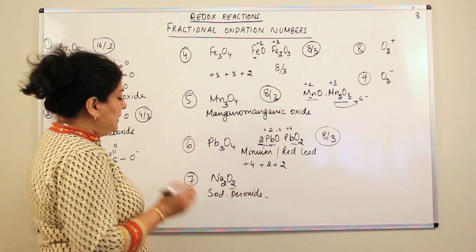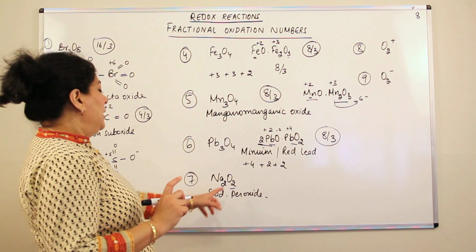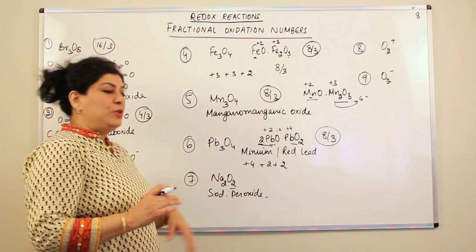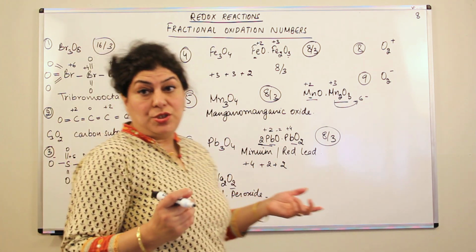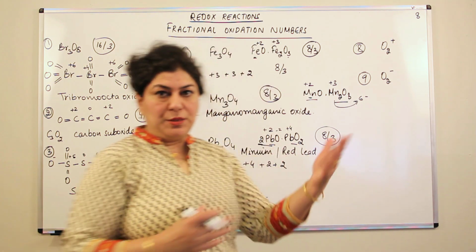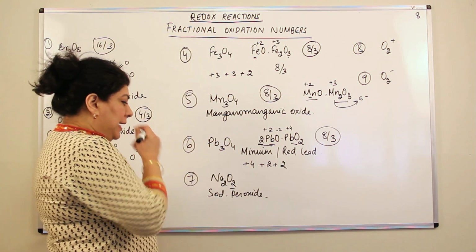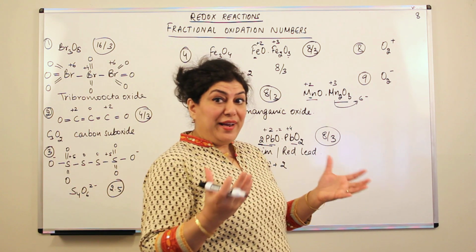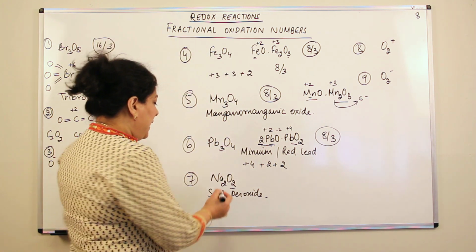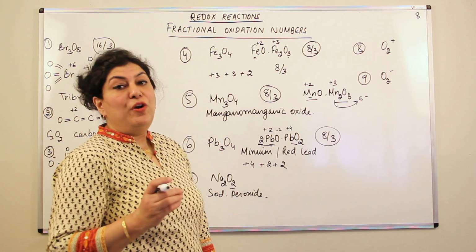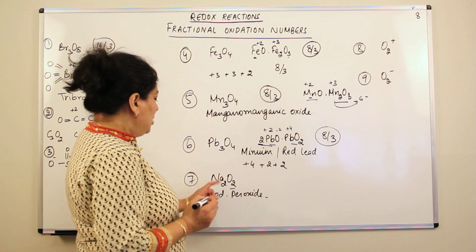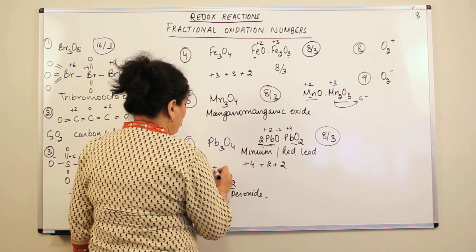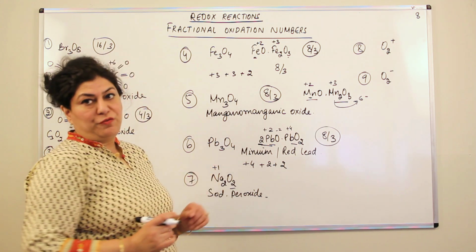In sodium peroxide, I would like to calculate the oxidation state of oxygen. The reason being that we know that sodium always shows an oxidation state of +1. It does not show multiple oxidation states. But in a peroxide, we know that the charge on oxygen is different, and we can find the proof of it in this example. Na2O2 is the formula of sodium peroxide. The charge on sodium is +1, and there are 2 sodiums. So there are 2 positive charges.